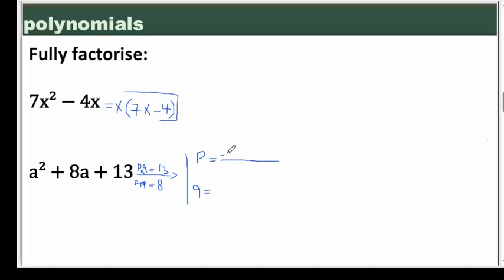So let me write it, 8 plus the square root of 8 to the power of 2, 64, minus 4 times the coefficient of a squared.